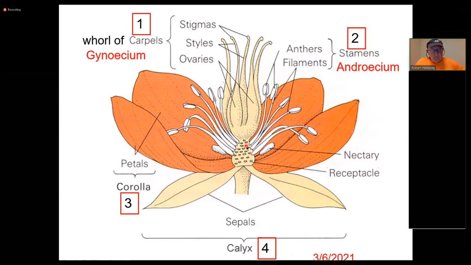But this is a more primitive looking angiosperm flower that shows that the inner whorl is indeed a whorl. And there's a tendency to get reduced down to one, which is what we've been seeing. But the primitive angiosperms have more of this, or we believe even some extinct ones had this configuration where you have a whorl of sepals, a whorl of petals, a whorl of stamens, and even a whorl of carpels.